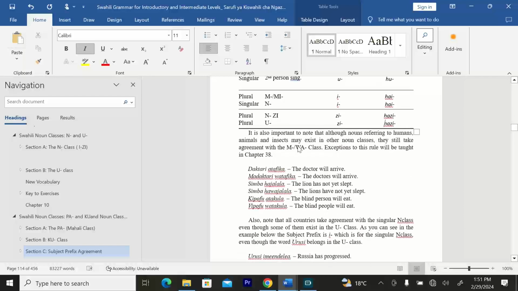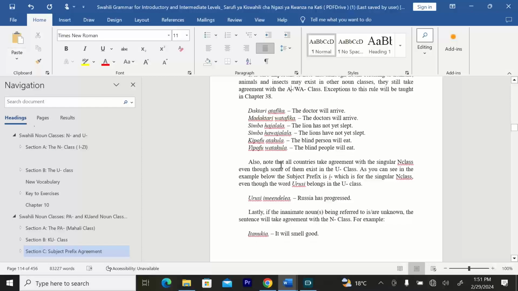So it is important to note that although nouns referring to humans, animals, and insects may exist in other noun classes, they will take agreement with the wa class. Exceptions to this rule will be taught in a later chapter.